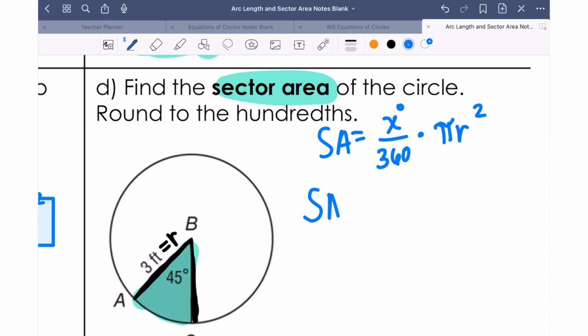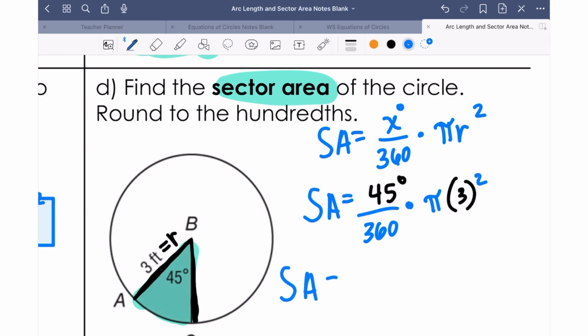We plug in the values we know. So 45 degrees, this one was just straightforward. 45 degrees out of 360 times pi times my radius, which in this circle, it's a 3-foot radius squared.